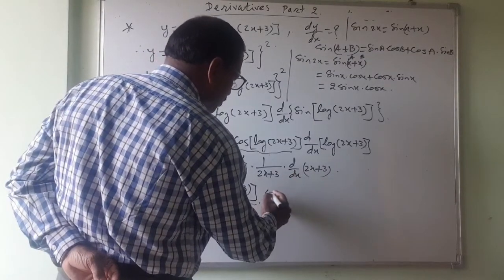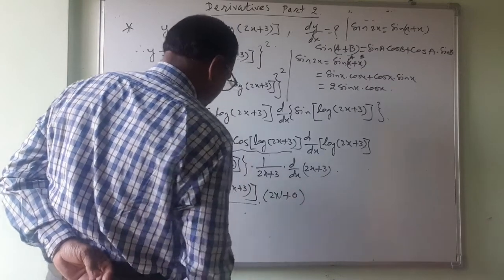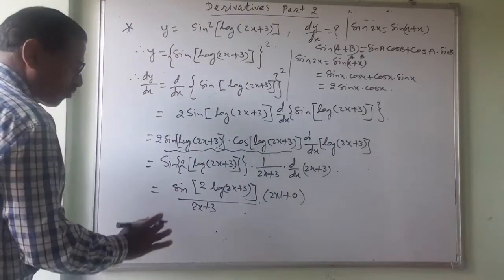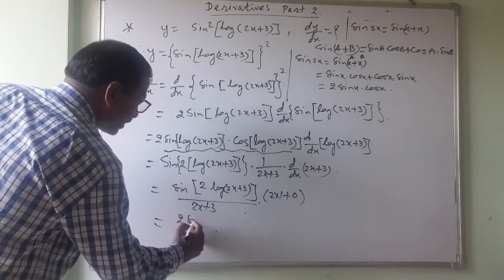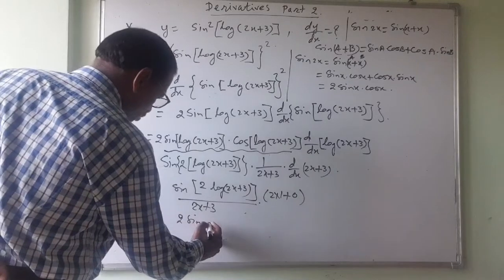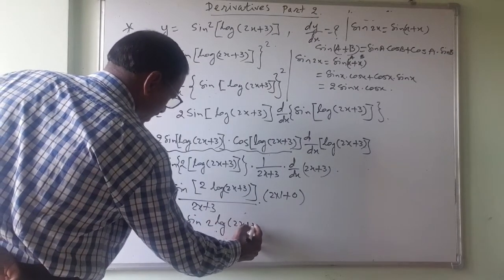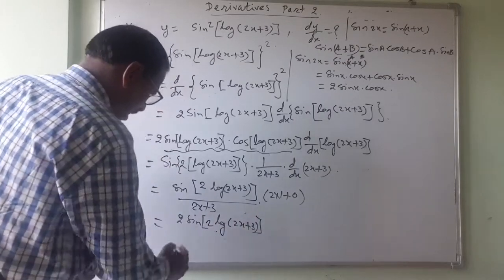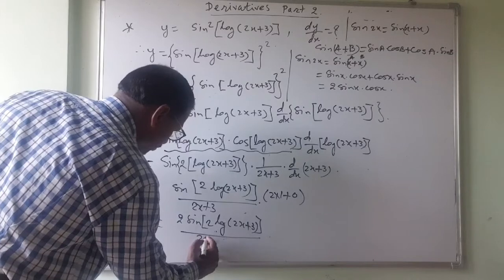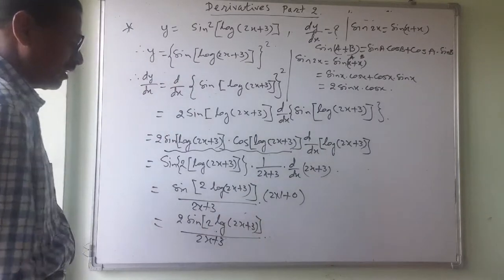Of 2, it is 2 into 1, plus of 3, it is 0. So the whole answer will be, this 2 will be here: 2 sine 2 log 2x plus 3 upon 2x plus 3. This is the final answer for this.